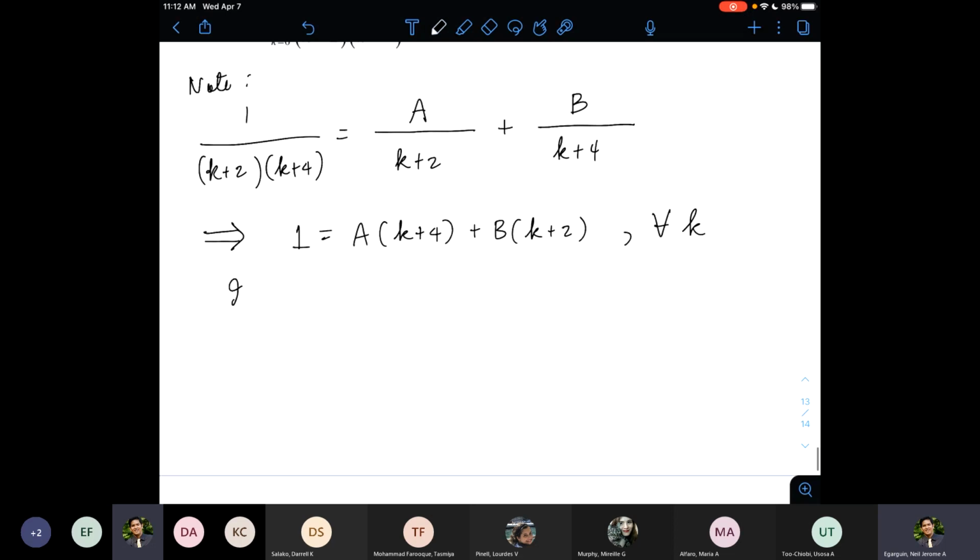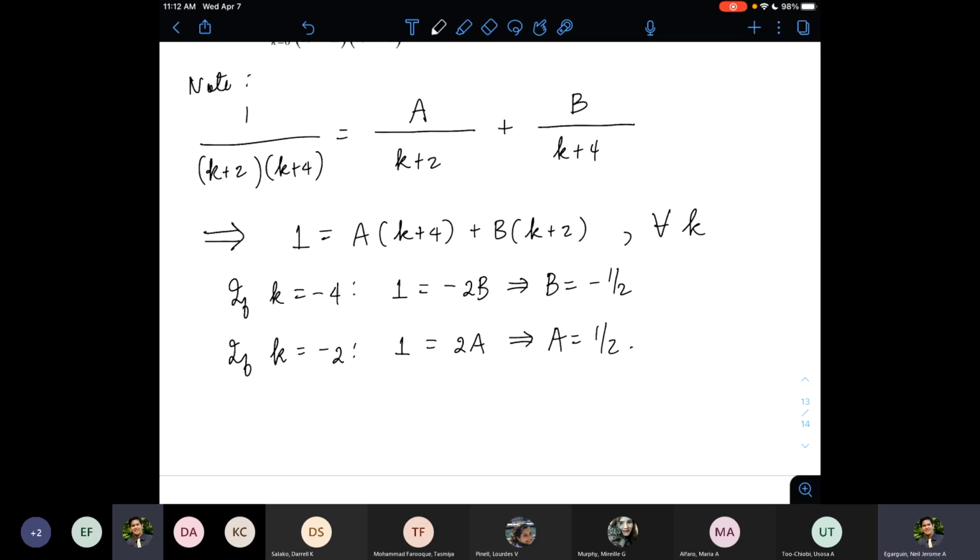So here I can choose k to be the killer value. So I can let k be equal to minus 4. Because if I do that, we'll have 1 equals negative 2b, right? So that means b is minus 1/2. And if we take k to be equal to negative 2, we'll have 1 equals 2a, implying a is equal to 1/2.